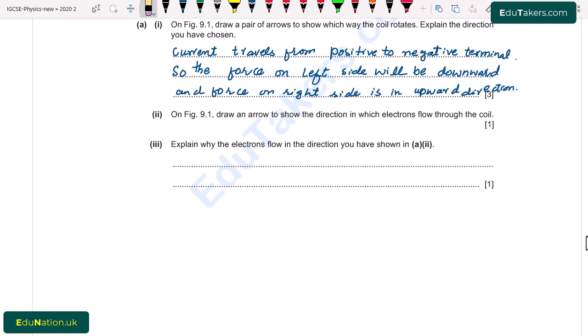In the third part, explain why the electrons flow in the direction you have chosen in part A2.